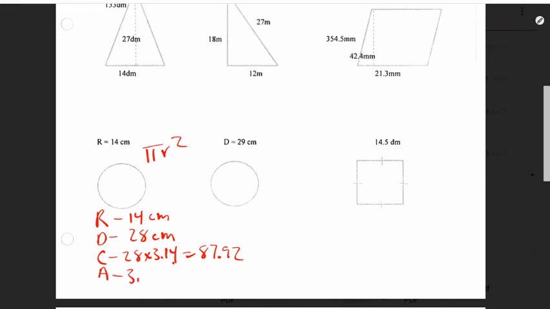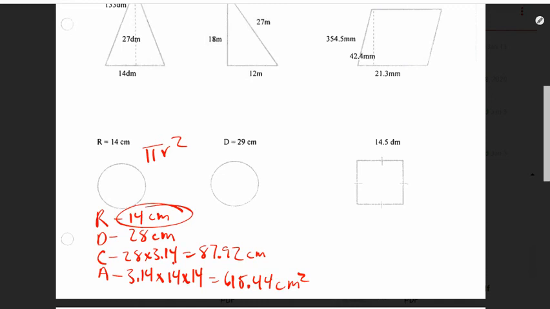So again, take that 3.14 times 14 times 14, and I get 615.44. The circumference is in centimeters up here, but these guys down here are centimeters squared.